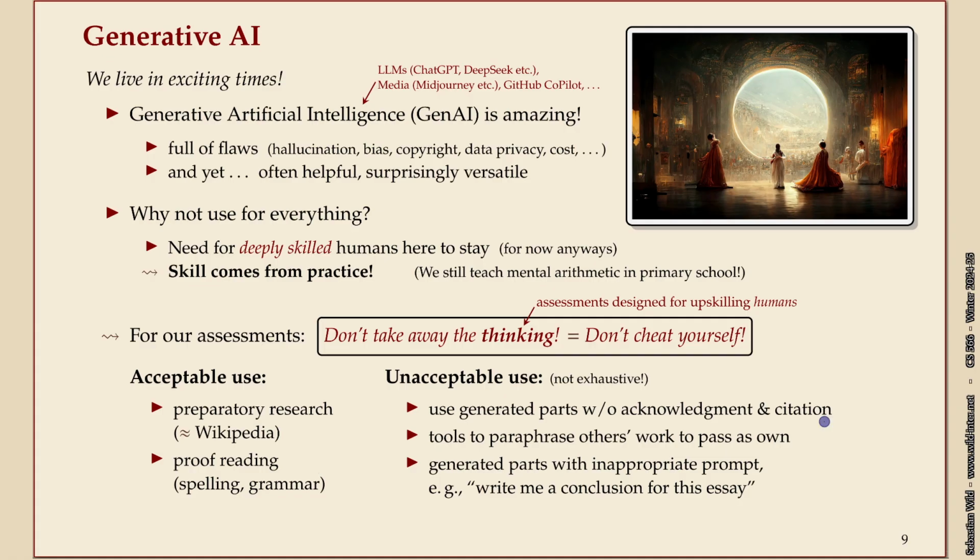Don't use it to generate whole parts of your submission without proper acknowledgement, citation, and so on. Don't use it to make something that you took from somewhere else sound different so that you're not caught. It's obviously ethically problematic. And also avoid letting it do all the thinking for you.